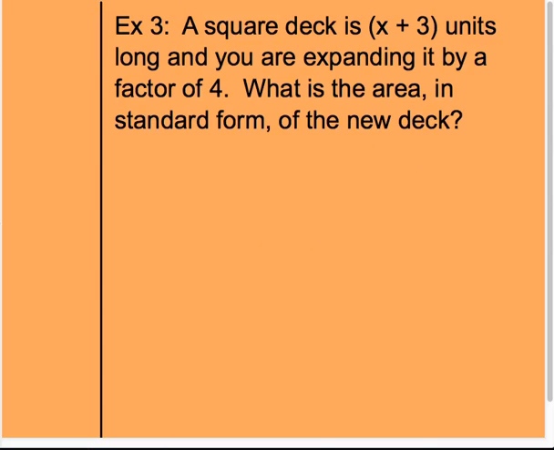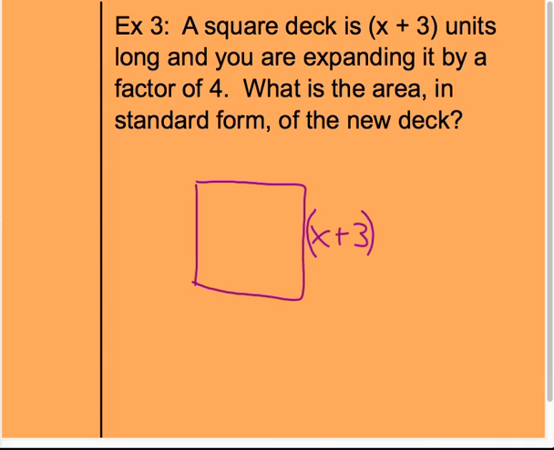One last question, short assignment tonight. A square deck, again, I like to draw pictures, so I'm going to draw my square deck, is x plus 3 units on each side, and you're expanding it by a factor of 4. What that means is you are not adding 4, you are multiplying it by 4.